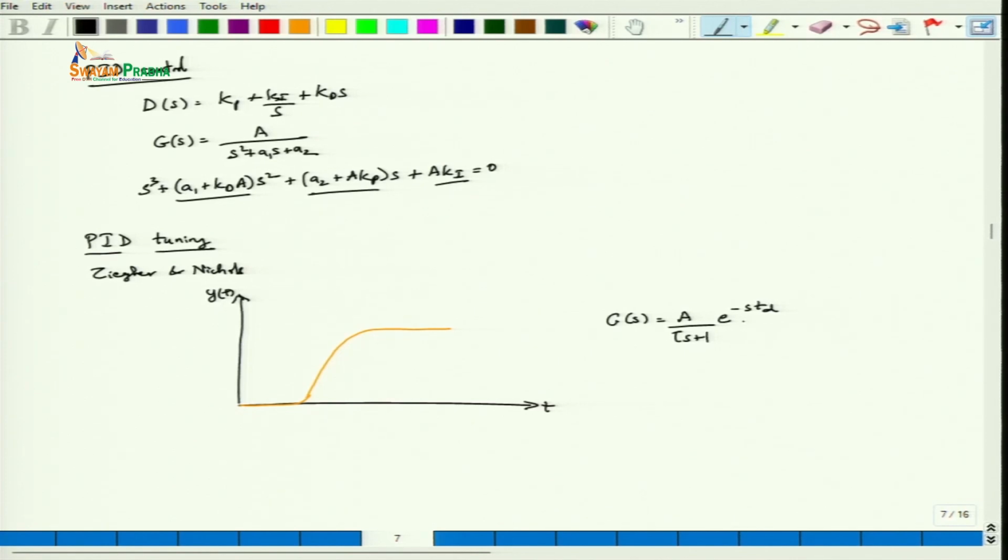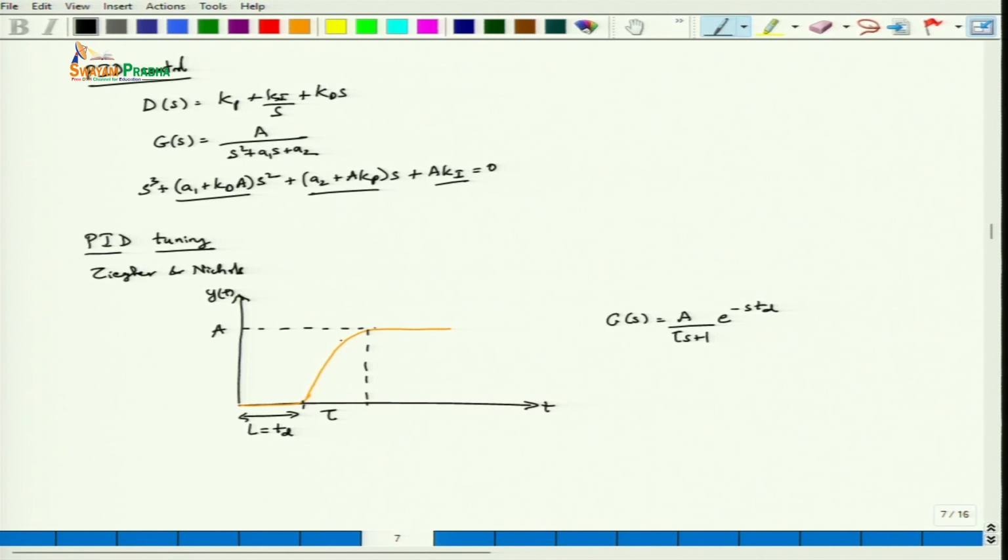This e to the power minus s Td represents the time delay, and if you plot y, the output of this particular transfer function, it will look something of this form, where L is equal to the time delay Td, the amplitude is A, and the time it takes to rise is tau.